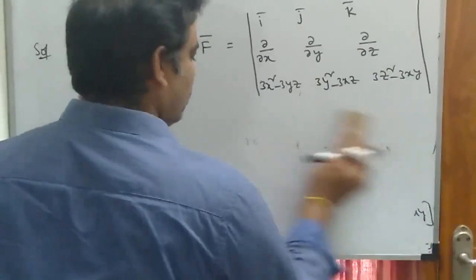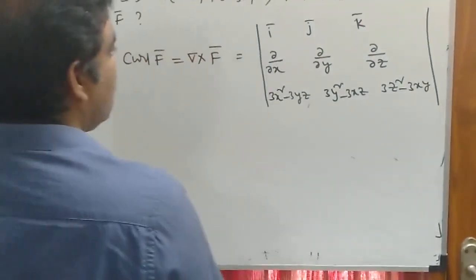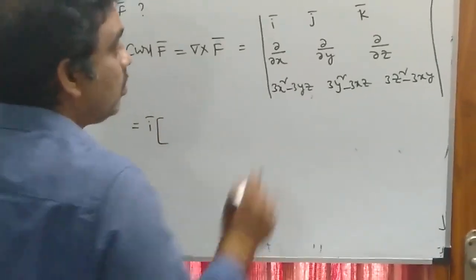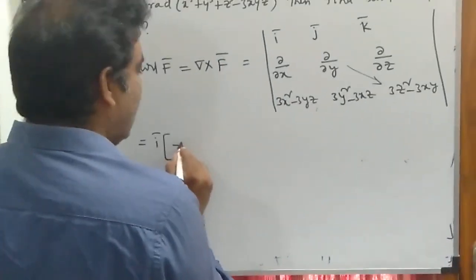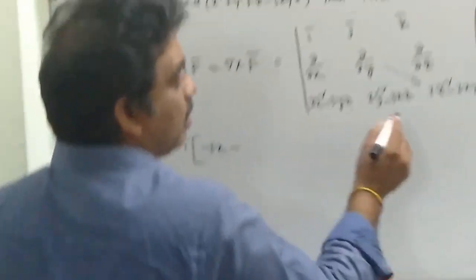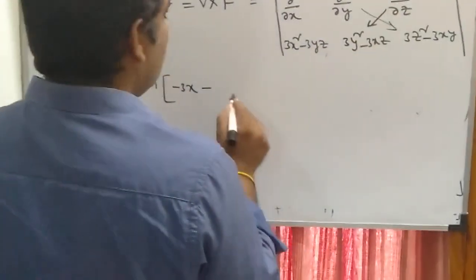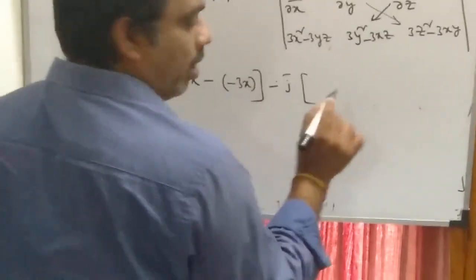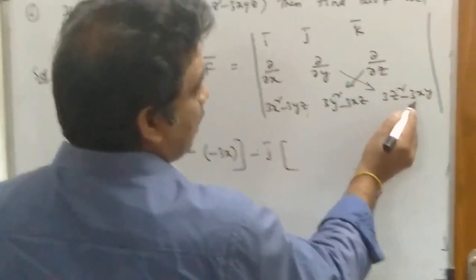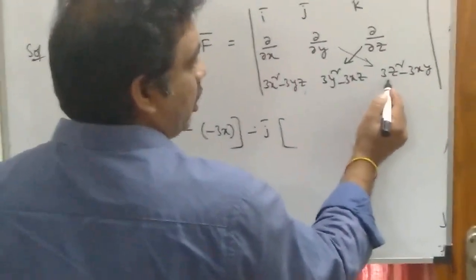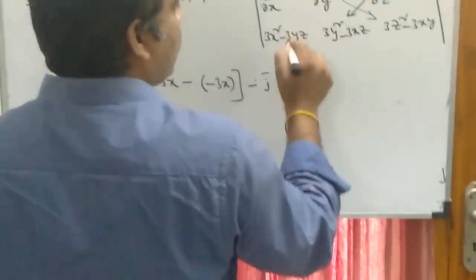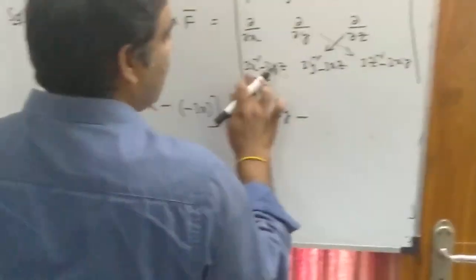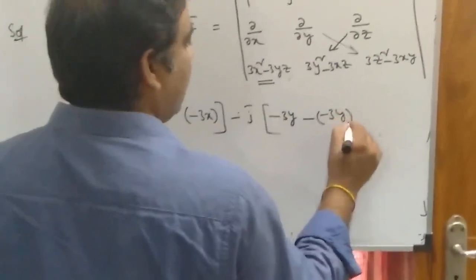So now expanding the determinant, this is I bar into dou by dou y of this entire term minus dou by dou z of this term, that is minus 3x minus... minus j bar into dou by dou x of this term, first term 0, second term minus 3y, minus dou by dou z of this term, this is 0, minus 3y.